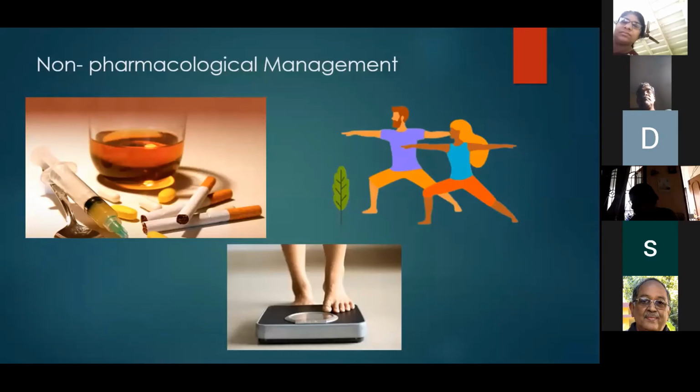If people can mute themselves, that will be fine. So reduction of alcohol, stopping smoking, and if you're in the habit of taking any sort of recreational drugs, then we can ask them to stop that. And of course, weight check and regularization of body weight is very important in maintaining your cardiac function.